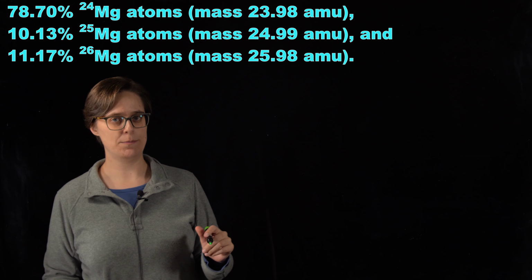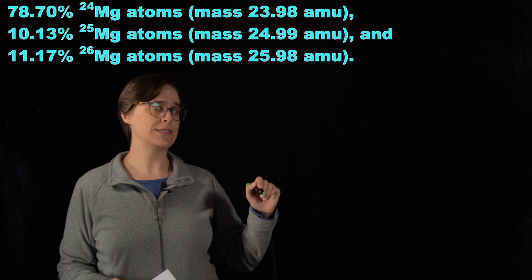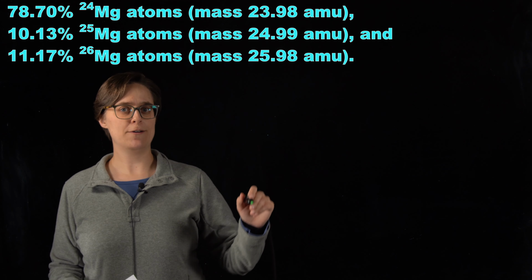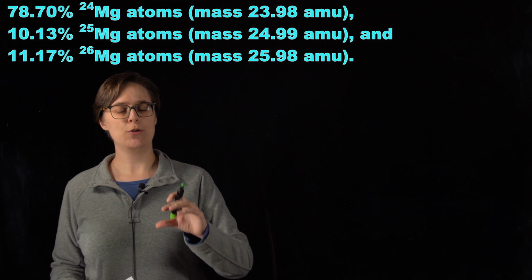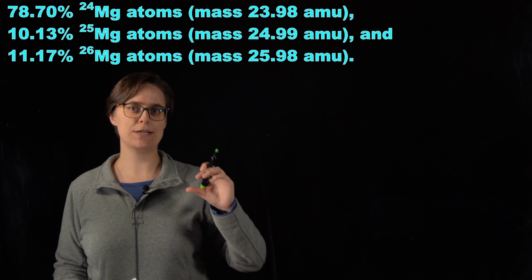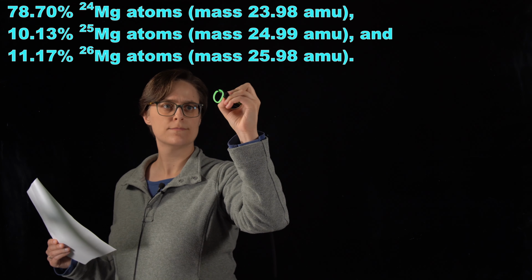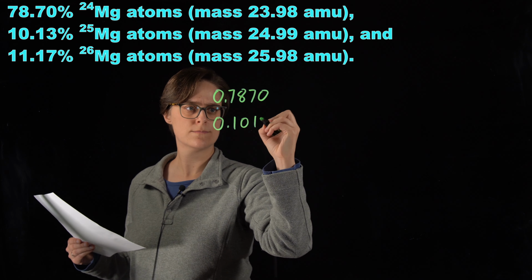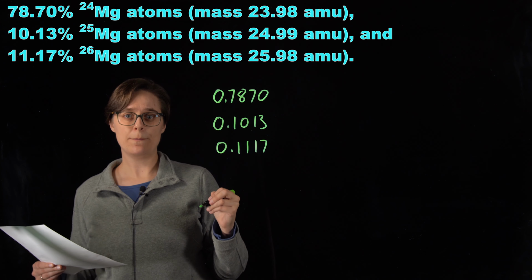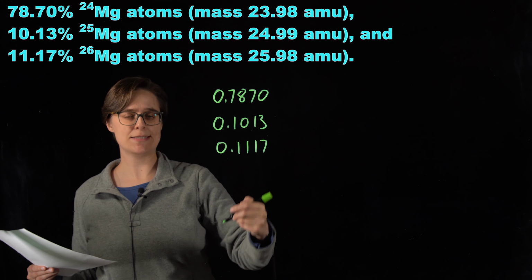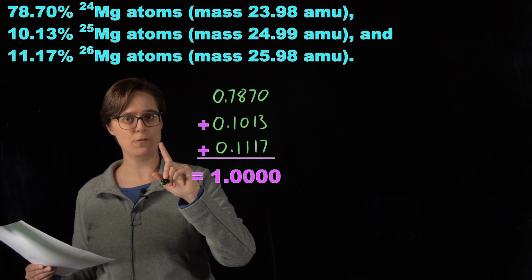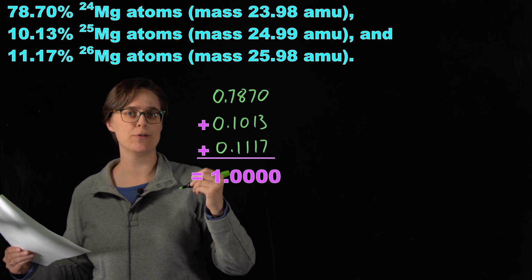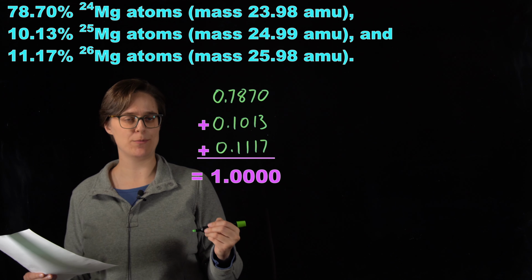The first step is that we need to take those percent abundances and divide each of them by 100 to turn them into decimals representing the abundances. By the way, these 3 decimals should have a sum of 1 because we need to account for 100% of the sample.